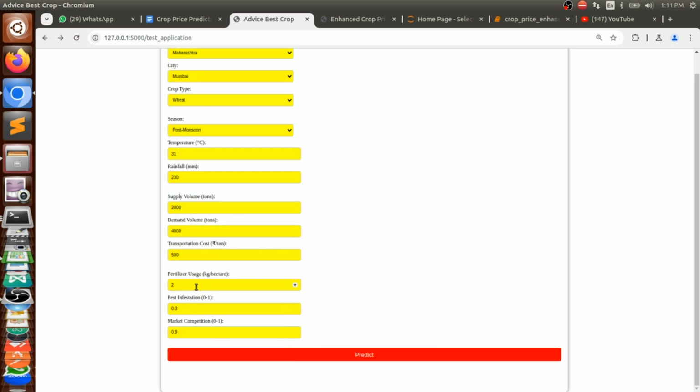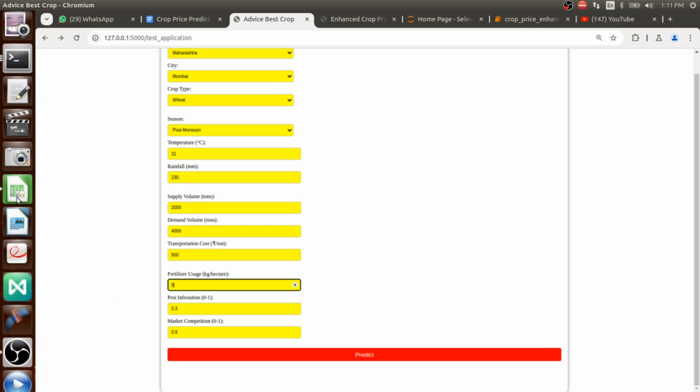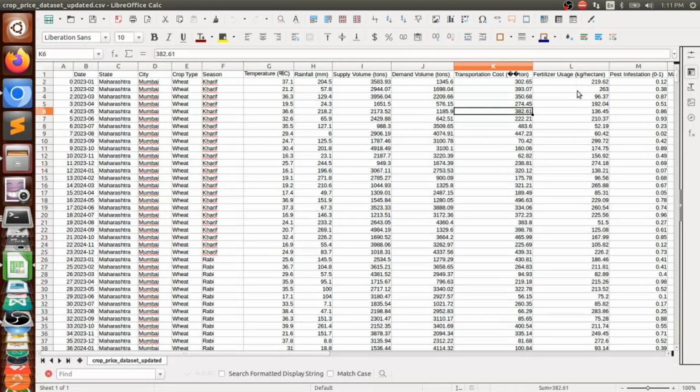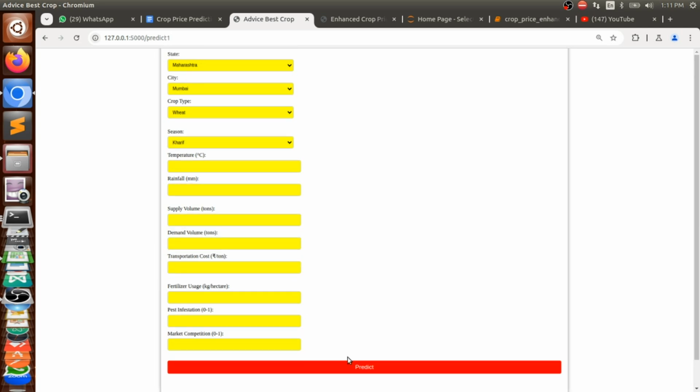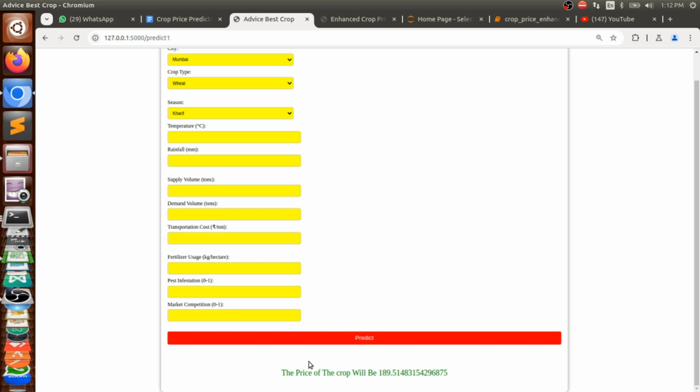And for fertilizer usage, normal fertilizer usage is 200 like this. So let me give 400. It is increasing. It will go on increasing. It was initially 90, so it is increasing.